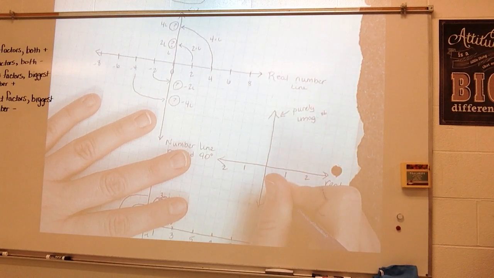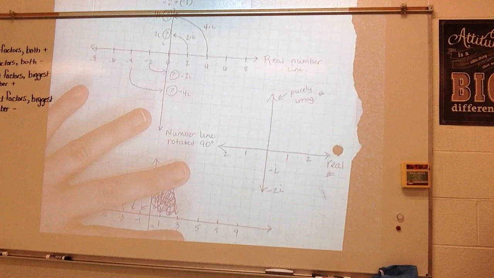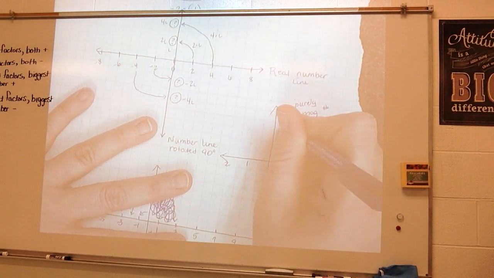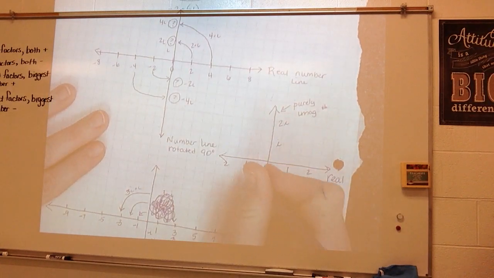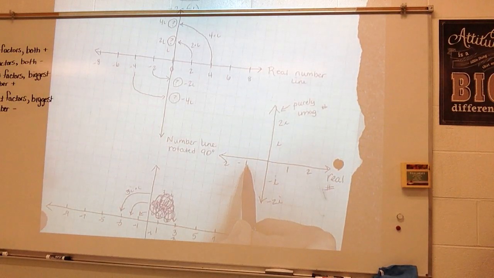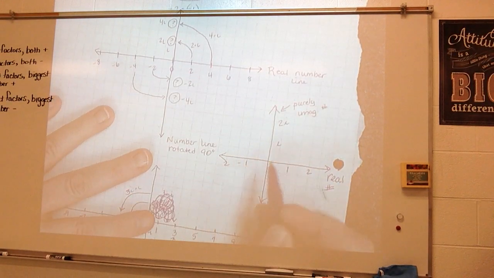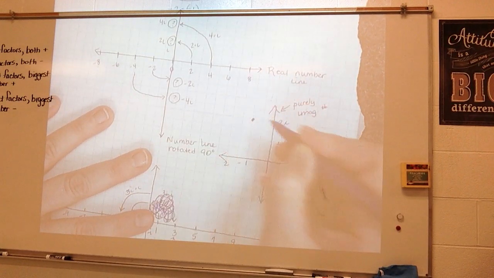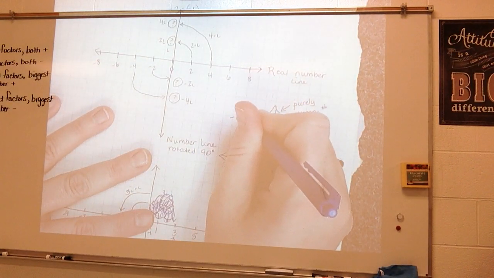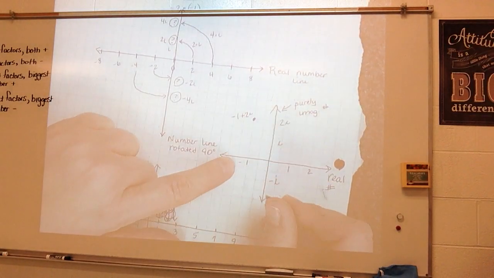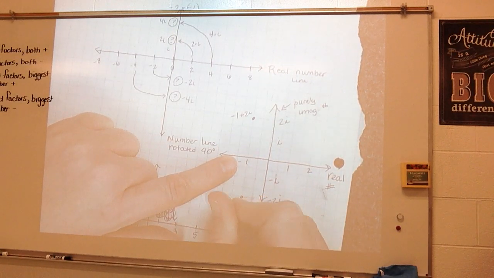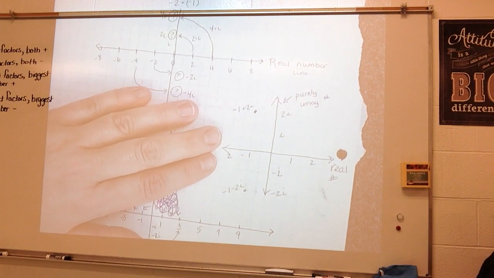Oh, nope, that would be negative i, negative 2i. This would be i, and this would be 2i. So I could say that negative 1 plus 2i would be right here. And then negative 1 minus 2i would be here. So I can plot these on a coordinate plane.